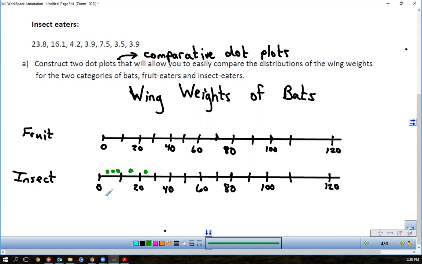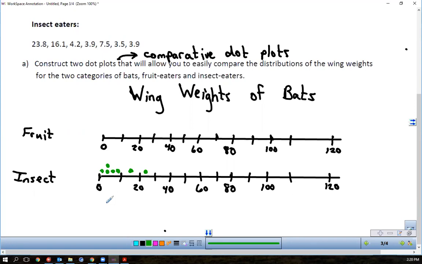Yeah, these are getting kind of crowded in here. 3.5. And then another 3.9. So I stacked it. Those are really too crowded in there, but I don't have a smaller pen to use. Hopefully y'all kind of got the idea of it.